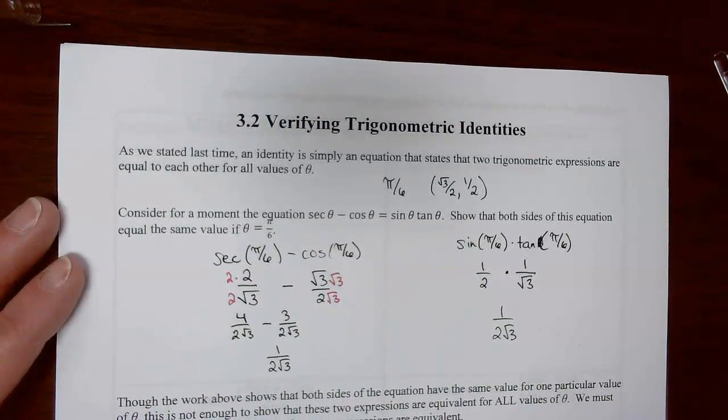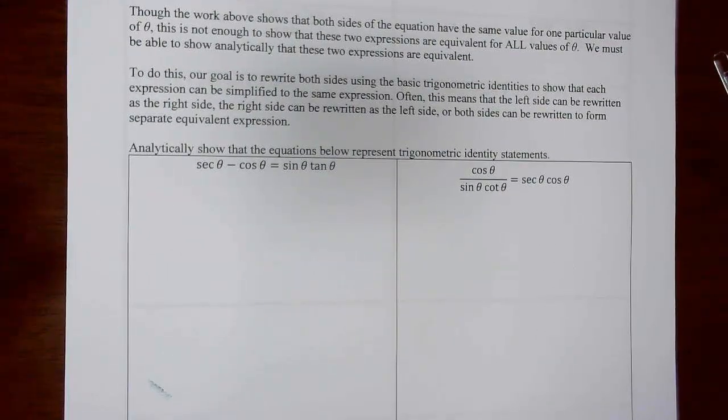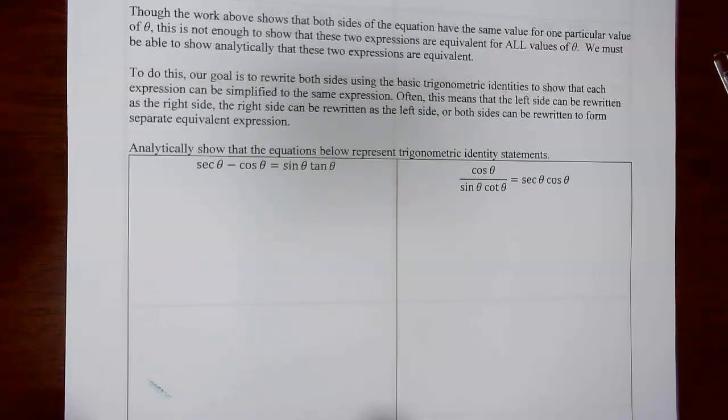But is that really enough to say that it would be equal no matter what? It's not. So what we need to do to prove something is to do it without plugging in values, because this only proved that it was true at pi over 6. What we can do is rearrange to show that the left side is equivalent to the right side.